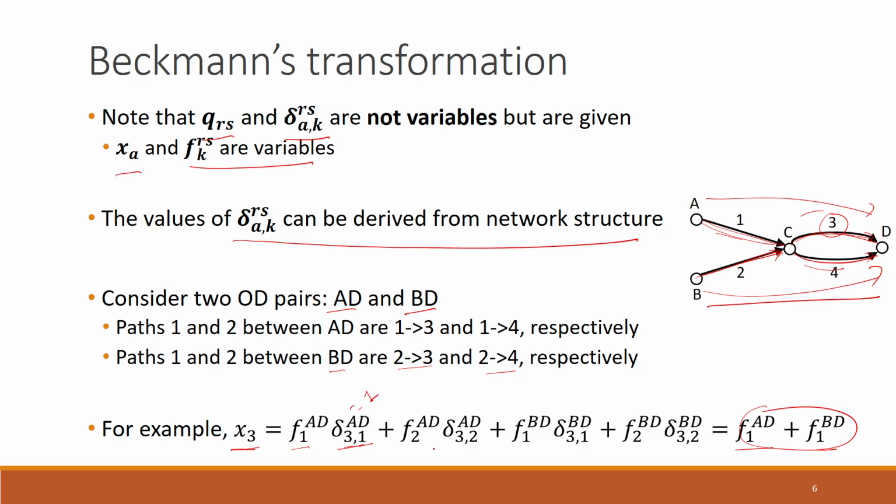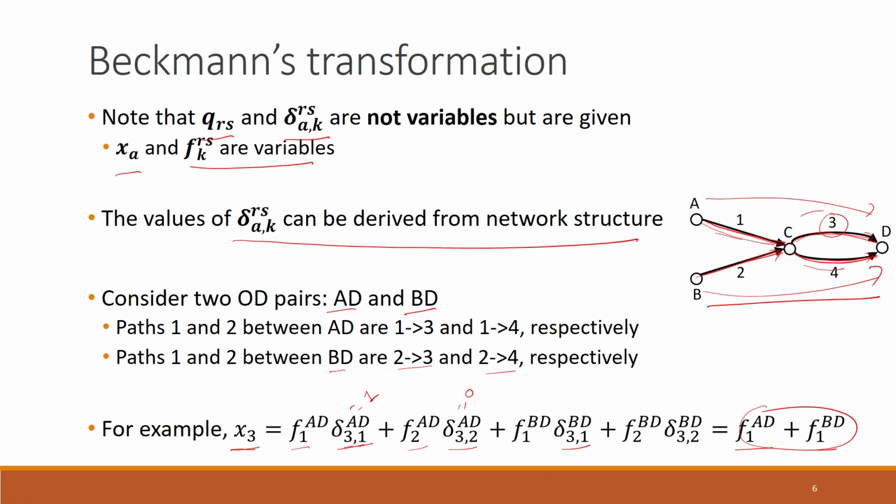Okay. Similarly, we have the second term as the flow through the second path connecting A to D times delta 32 AD. Now since the second path which is connecting A to D does not have link 3, because the second path goes from A to C and then it takes this lower link connecting C to D, that is why this delta 32 AD is equal to 0. Okay.